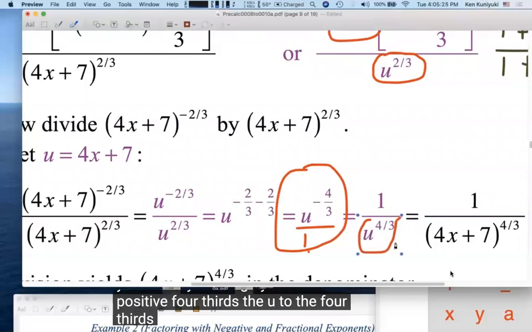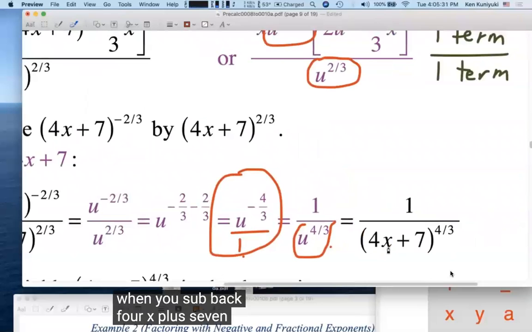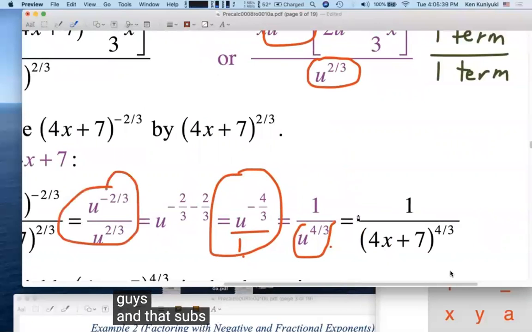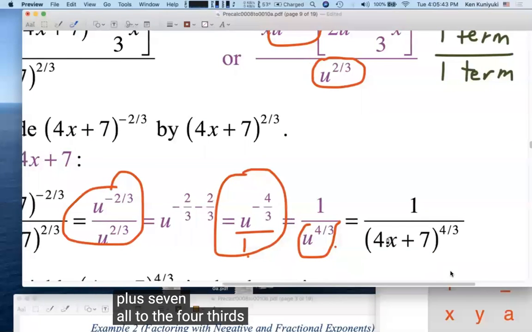The u to the 4/3 goes in as a factor of the denominator. U was, when you sub back, 4x plus 7. So you end up with 1 over u to the 4/3 as the quotient of these guys, and that subs back to 1 over 4x plus 7 all to the 4/3.